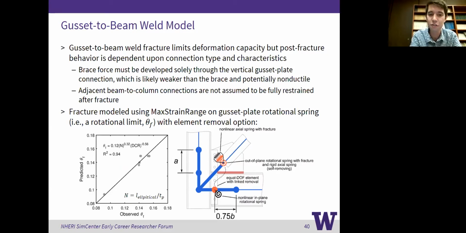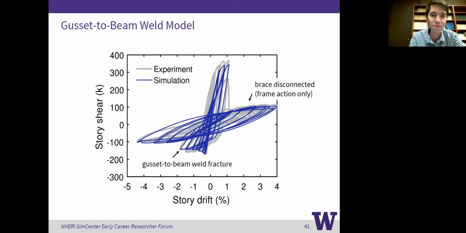I'm removing a rigid element at the beam to column connection, and I'm removing a rigid element on the brace to gusset connection, because now I have a relatively free gusset plate. I have less restraint at the beam to column joint, and I should be modeling that if I want to model the NCBF accurately. Here's an example where the whole gusset plate disconnects, and there's really no residual force left in the brace.